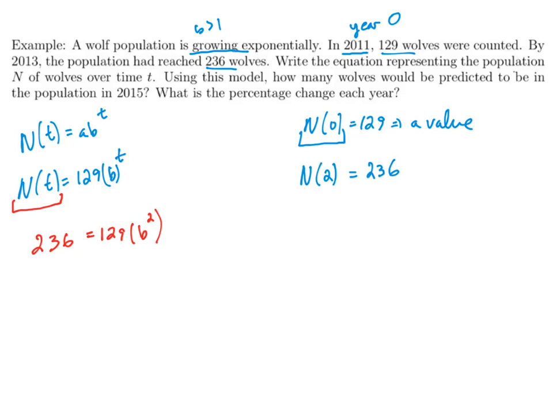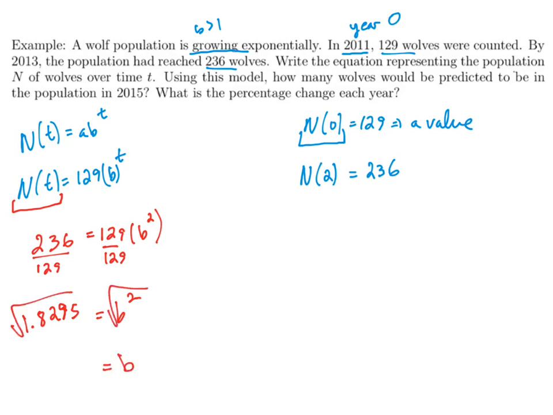So divide both sides by 129, and we end up with about 1.8295, let's say, and then square root both sides.